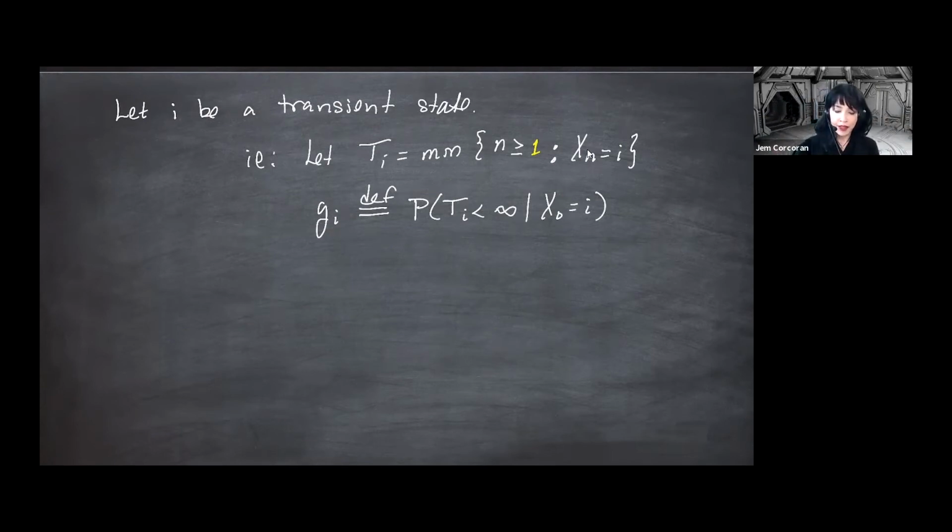If Gi is 1, this is the definition of I being a recurrent state. And if Gi is less than 1, it is the definition of being a transient state.